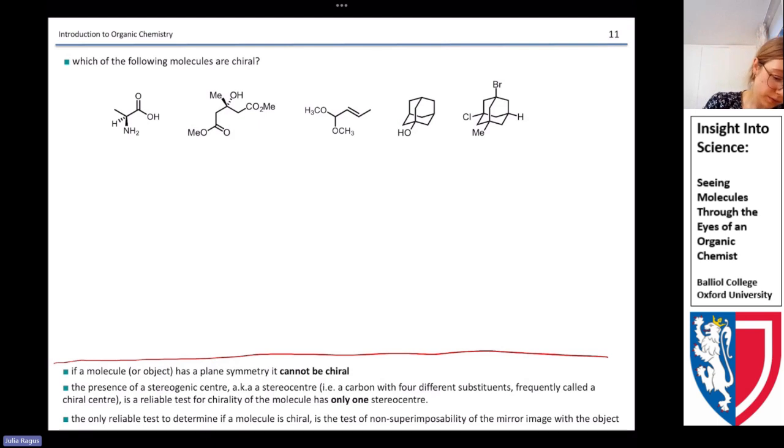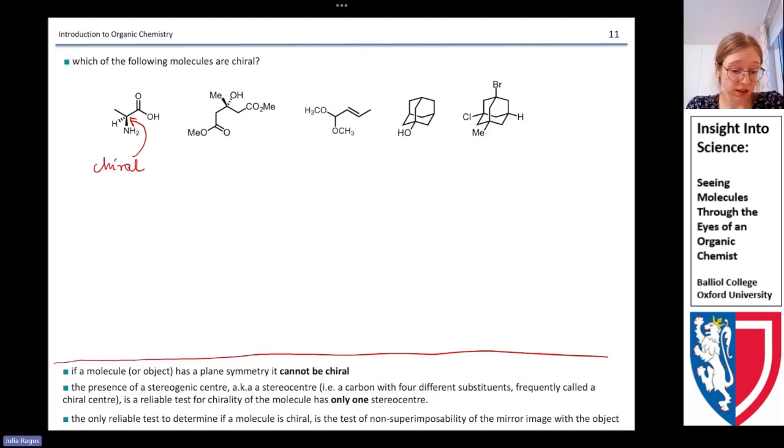So first of all, our first molecule has only one stereocenter, which is over here. Four different substituents on the carbon, so we already know that it must be chiral. So yes, it is chiral.